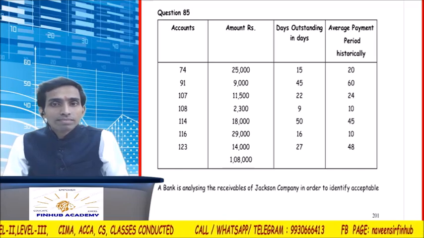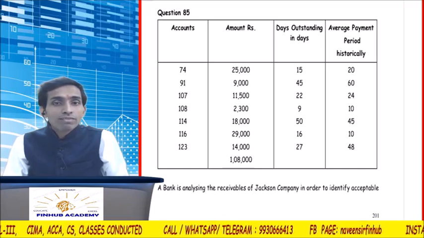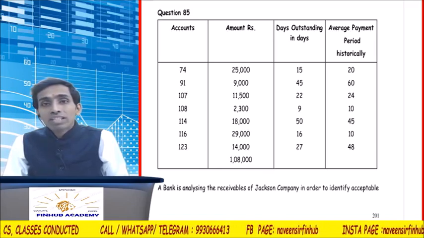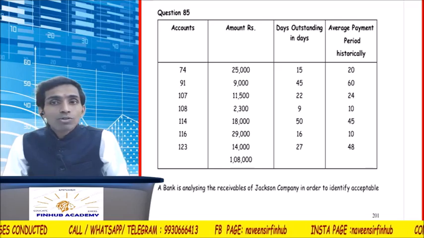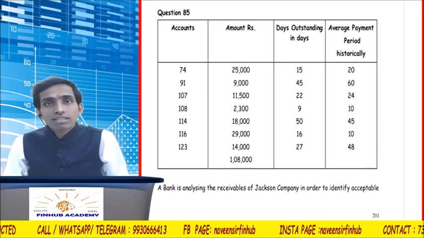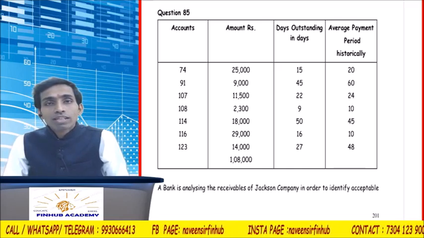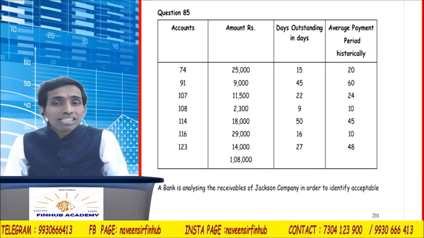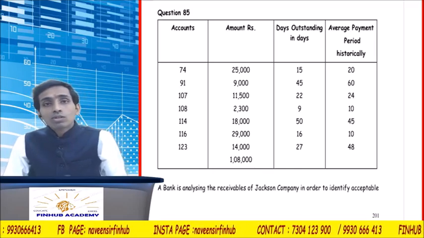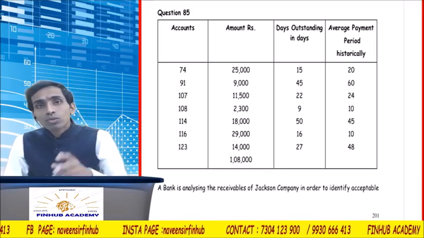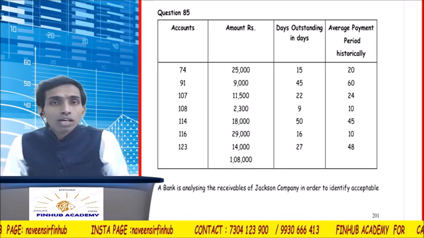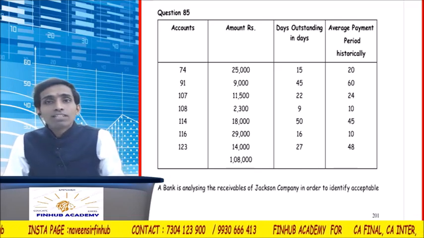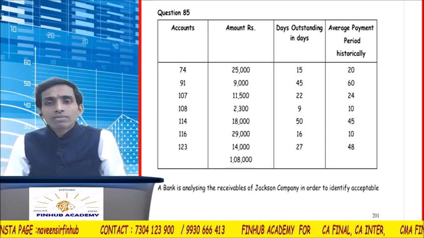Same way customer 91, amount is 9,000, days outstanding is 45. We have given him 45 days credit, and the average payment we receive from him is 60 days. So credit period and collection period are two different things. Credit period is what you allow to the customers. Average collection period is in how many days on an average he pays us. So there are different accounts they have given.